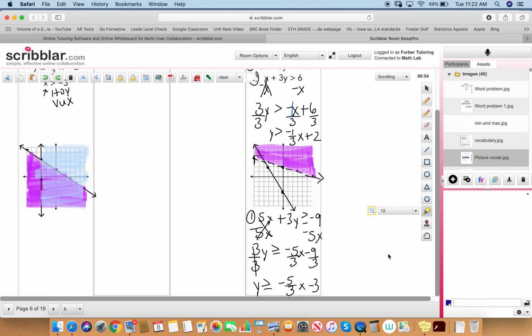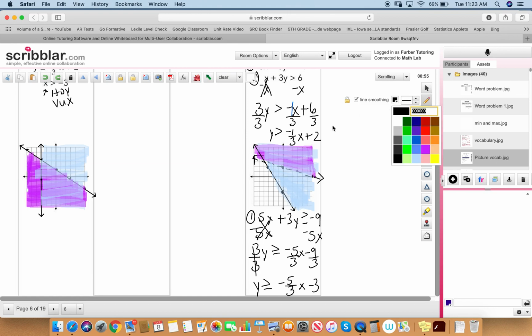So I am going to do it to the right of the line, or you can think about it as above the line, so that the line is a little bit more sloped. And then you should be able to see that the overlapping region is going to be here. So that would be all the coordinates that could be plugged into the inequalities and satisfy both inequalities at the same time.